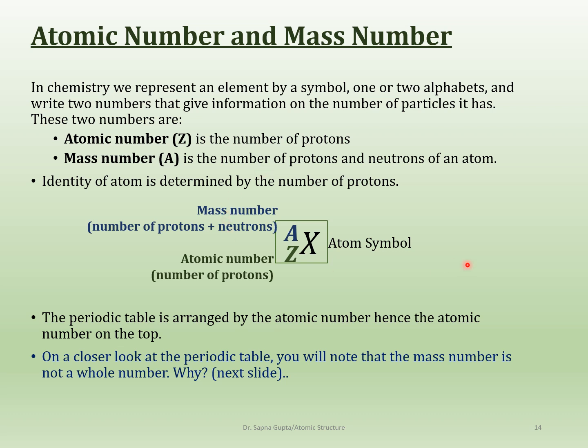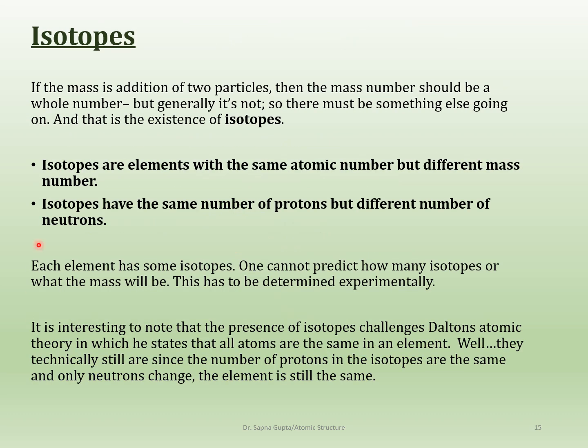The identity of the element is actually the number of protons. So how do you know which element you're talking about? Number of protons. That's an important thing for us.